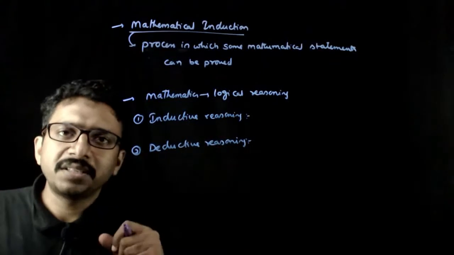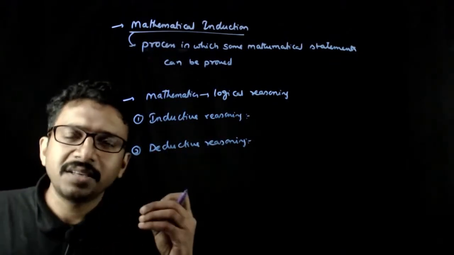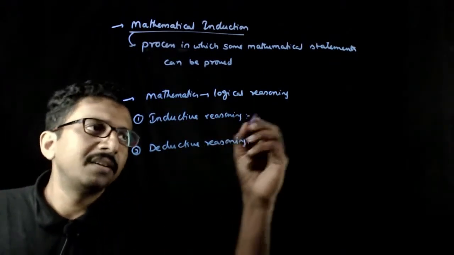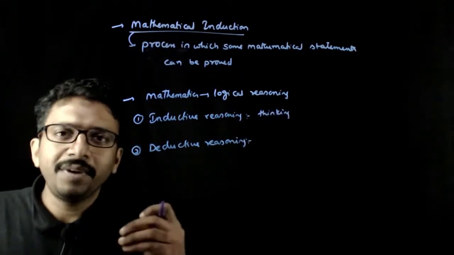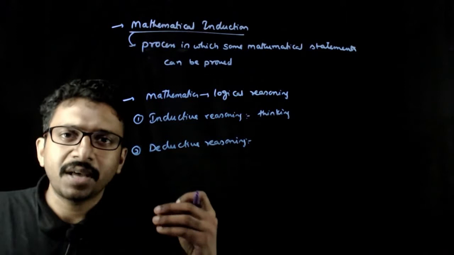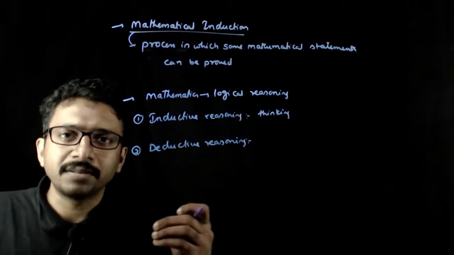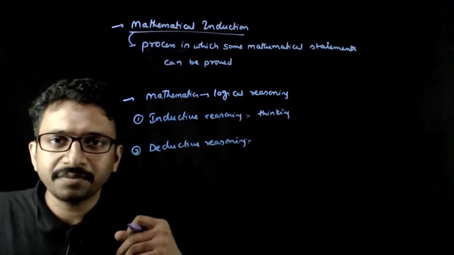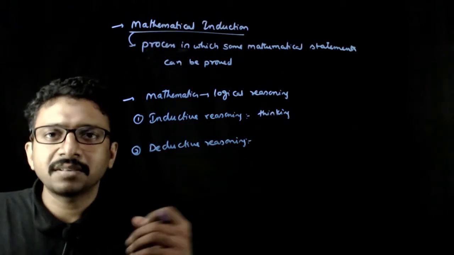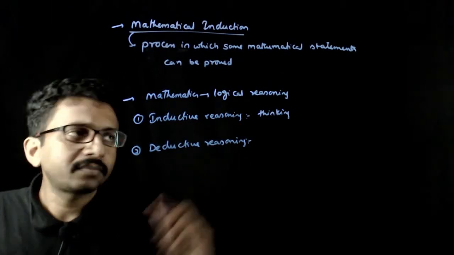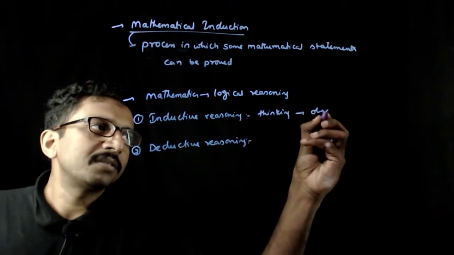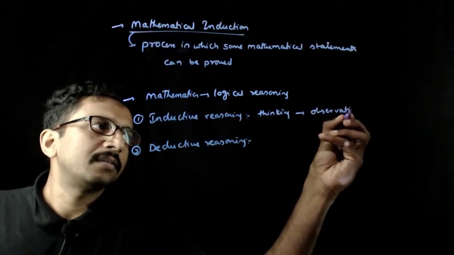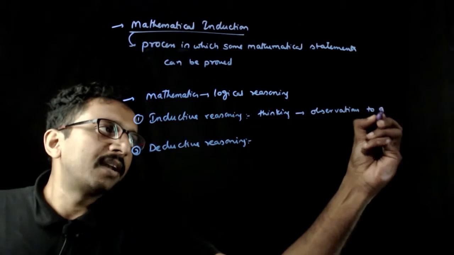So inductive reasoning is a type of thinking where we observe some happenings around us or some patterns in the things that we observe and try to generalize the result. So this is going from observations to generalizations.